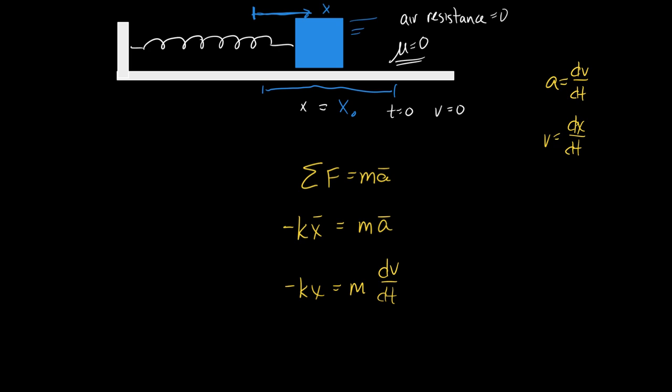The problem is that when you do a substitution like this, your hope is that you're going to get a function now that is all in the same variable. And we don't. When I substitute dv dt in for a, I introduce velocity, but I still have position. So the only way I'm going to be able to get this in the same variable is if I substitute again for v.